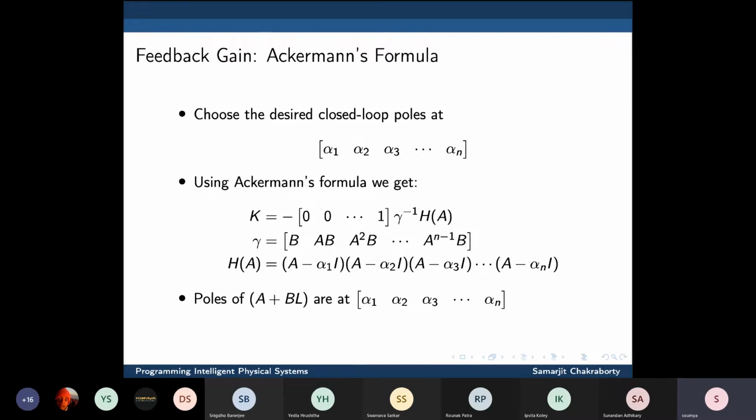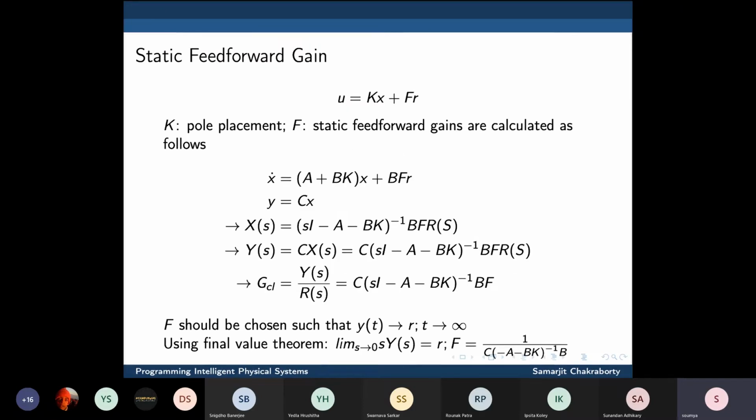Well, everything about this will remain the same. So just to tell you that in this case, while our design of K would be the same as we have been discussing earlier, the design of F would be like this. So there would also exist a formula like this for getting this design of F. You can see this also, but for our purpose, we'll just follow the original thing.